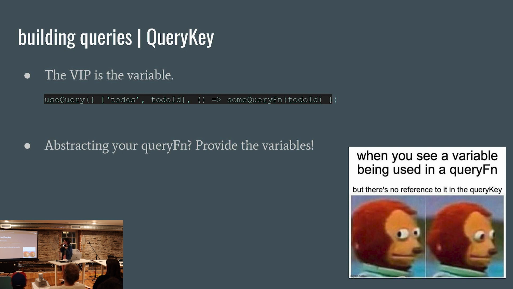So abstracting it, meaning calling another function somewhere else, always provide the variables so they uniquely describe the data you are fetching. They should include any variables you use in your query function that change. So in that example, it'd be the to-do ID. So most likely the to-do ID will change, so our query key reflects that.